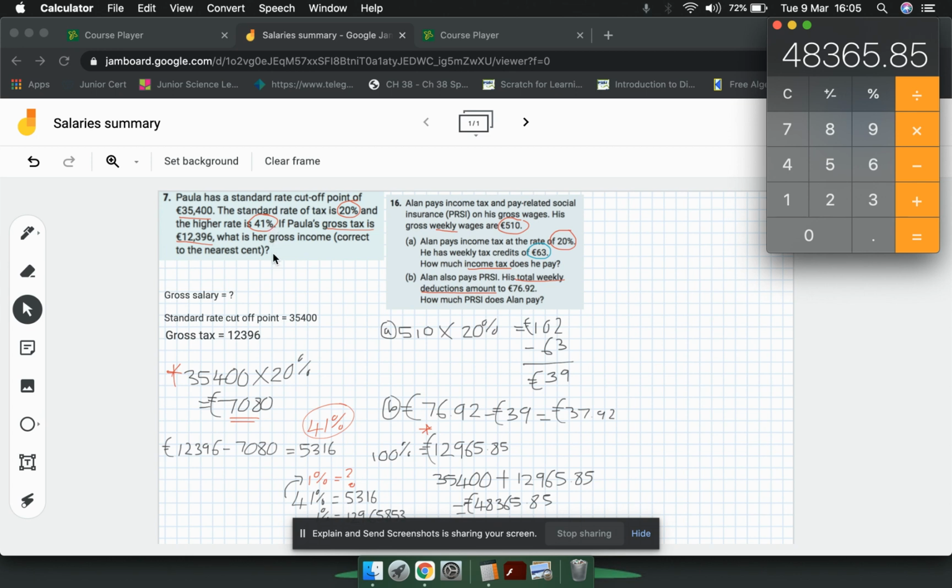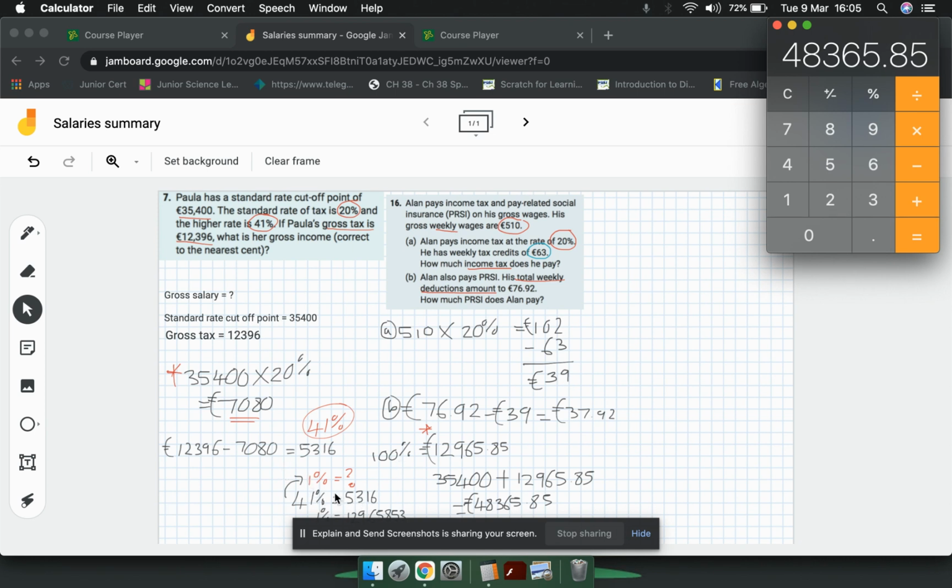To figure that out, we found she had a total tax bill of 12,396. Subtract the tax which was paid at the lower tax bracket, and you get 5,316. That 5,316 was charged at a rate of 41%. So that's why I said 41% is equal to 5,316. To figure out what 100% was worth before the taxes were taken, because only 41% of this went to the government, I worked backwards and figured out what 1% was worth.